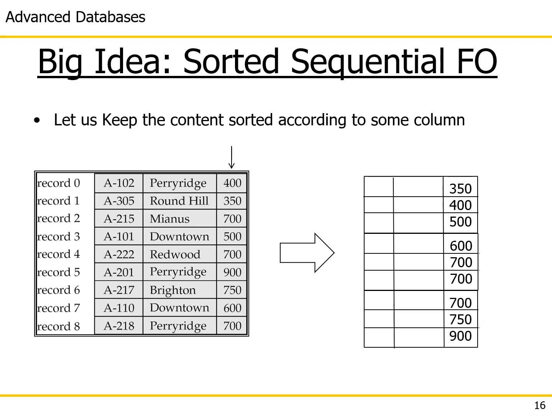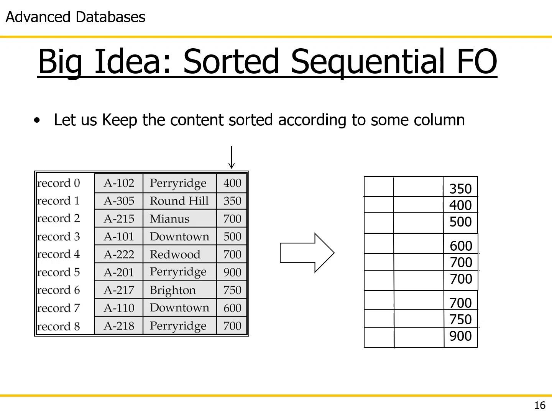So instead of having the rows stored on the tape by the time of arrival, so you store the first row that arrives first and the second row that comes afterwards second, and so on, you try to maintain the data sorted according to some column of choice.